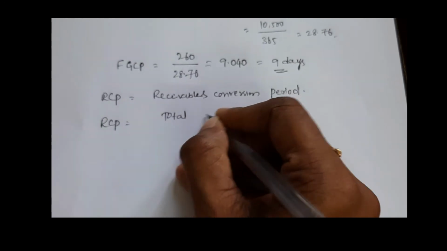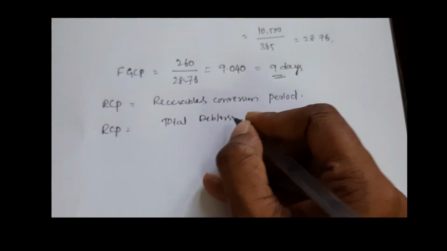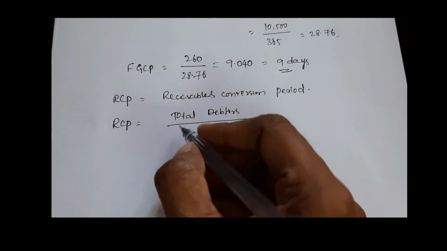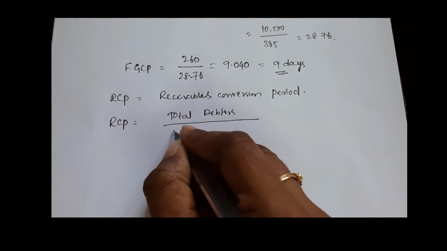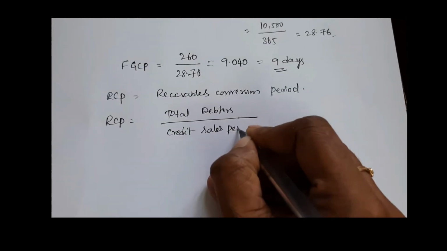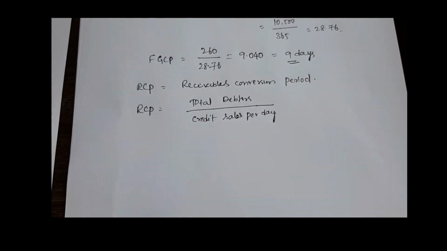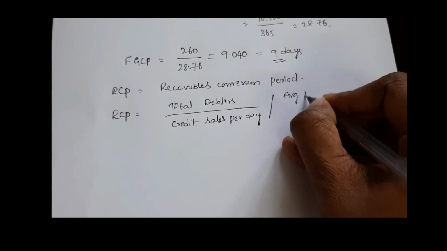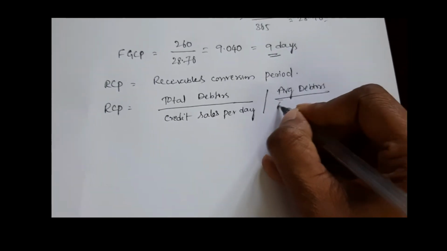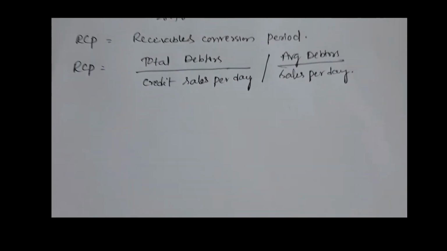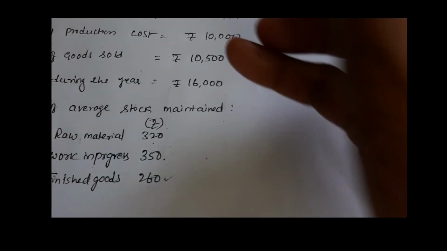RCP is equal to total debtors divided by credit sales per day, or average debtors divided by sales per day. Depending upon the data given to you, you can take. So here it is given, average debtors 480.